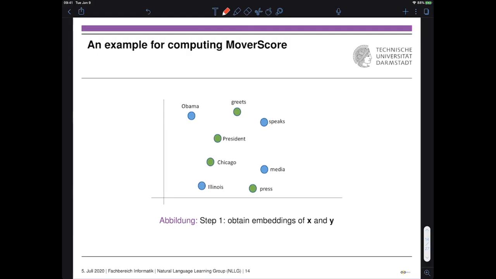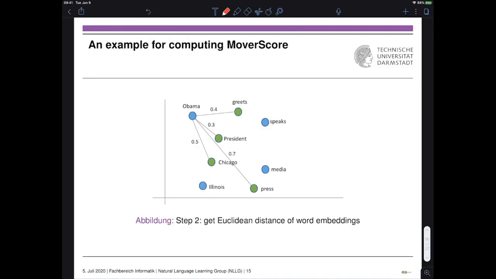Then we randomly choose a word, Obama, in the system translation and compute its distance to every word in the human reference. Then we can find the nearest word, president, by the minimum distance.